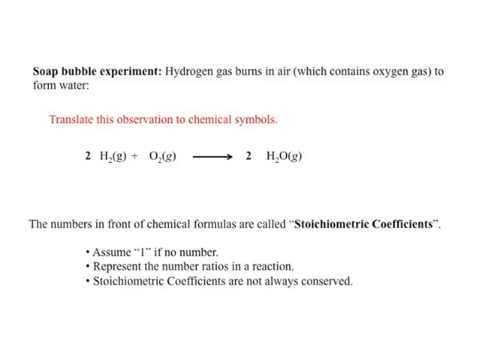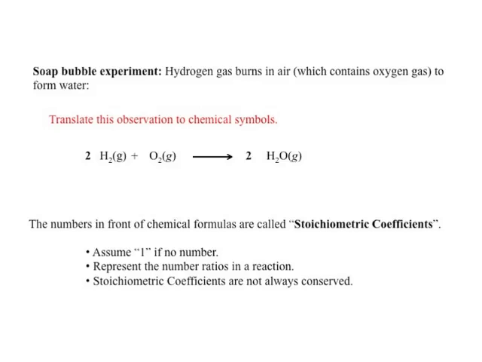In this example, the 2 in front of H2 is a stoichiometric coefficient. Also, in front of the oxygen, O2, if there's no number written, you always assume the number is 1. And the 1 is also a stoichiometric coefficient. And the 2 in front of H2O is a stoichiometric coefficient as well.